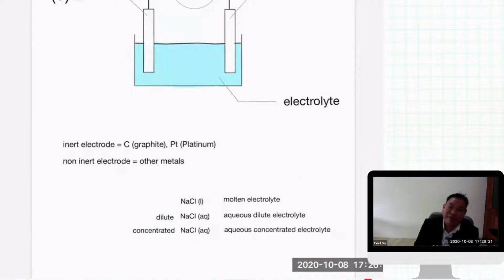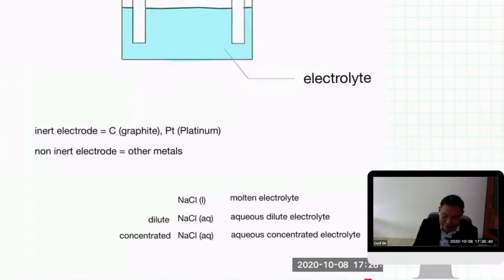There's a lot of types of electrolyte, but for us, it's 3 only, the simple ones. Molten electrolyte means you have an ionic compound and you heat it up until it melts, and you're not adding any water in it. The example for that is sodium chloride liquid. You have sodium chloride, which is a solid powder. Then you heat it up, then it melts. After it melts, we call it molten electrolyte. In this case, molten sodium chloride.